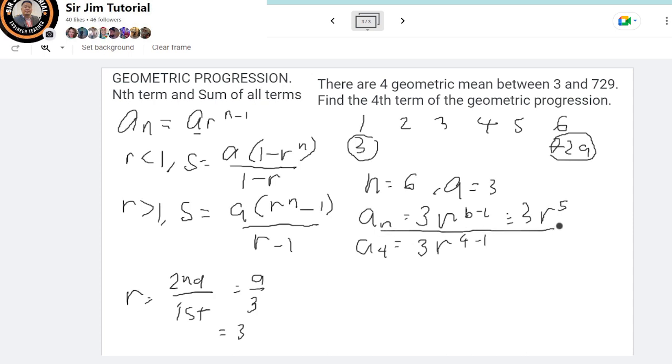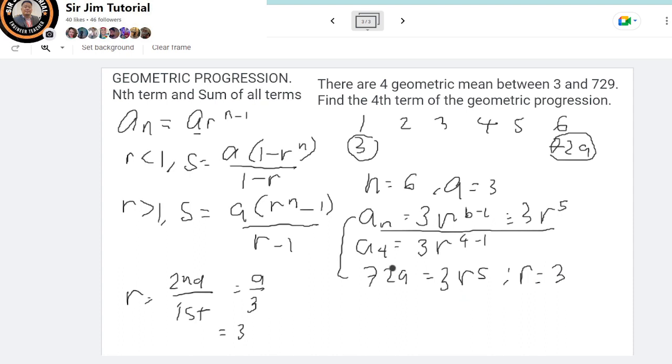If our n is 6, a6 is 729. So from here you have 729 equals 3r to the power of 5. Therefore, we can have r is equal to 3.